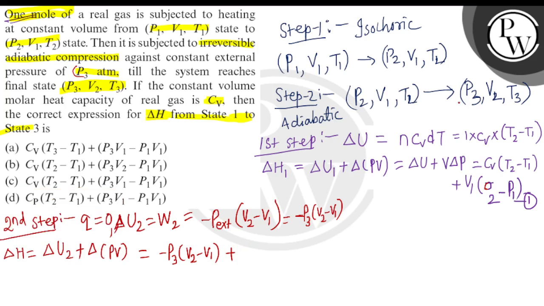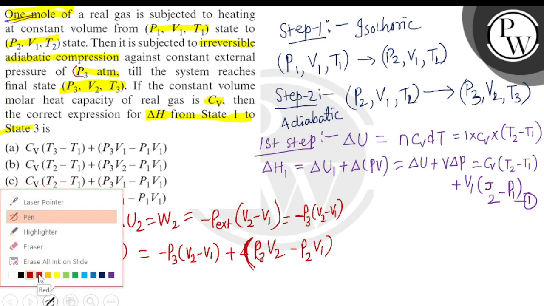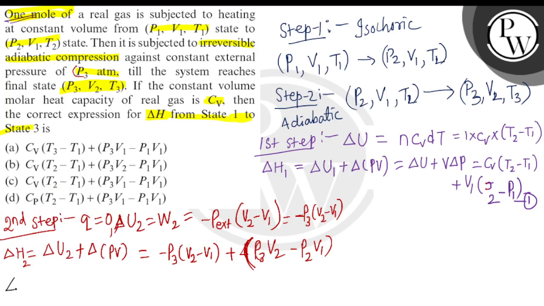Delta (PV) will be equal to P3 V2 minus P2 V1. So we got the expression for delta H2 here, and if we add both of them we will get delta H for the total process. Delta H will be equal to delta H1 plus delta H2.